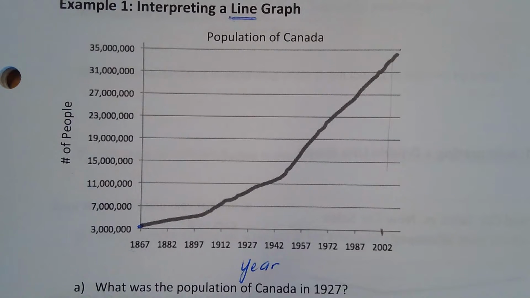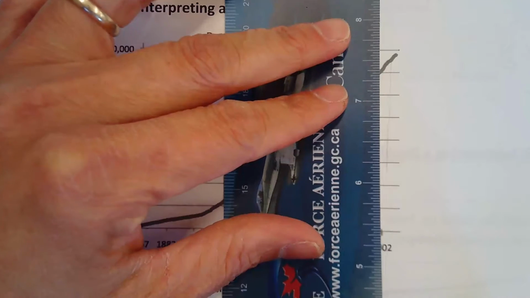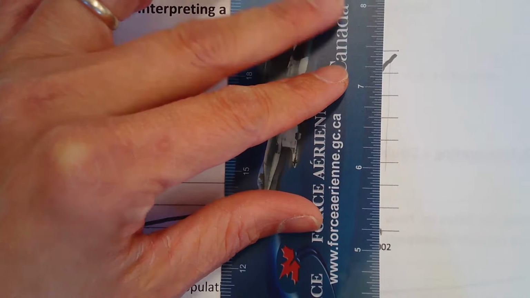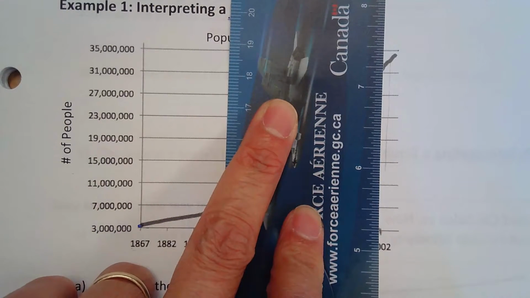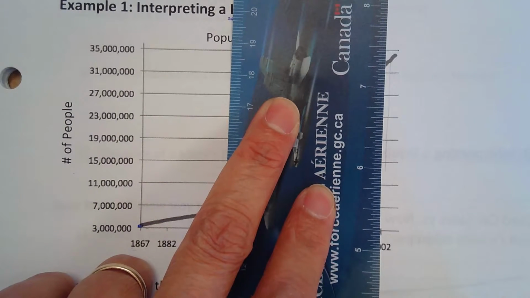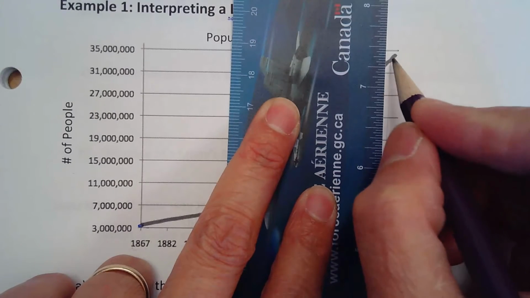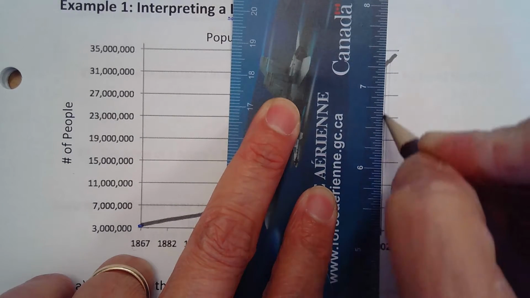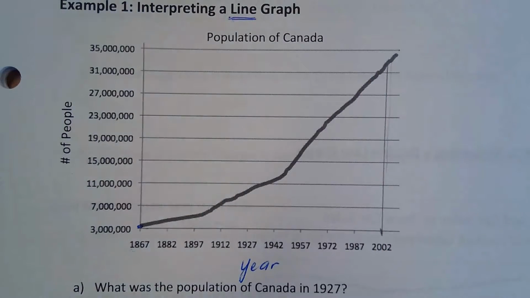I'm going to borrow this ruler here. Do you think in 2002 it would only be 31 million? In 2002, straight with the ruler? Because you have to go by inches on the graph.